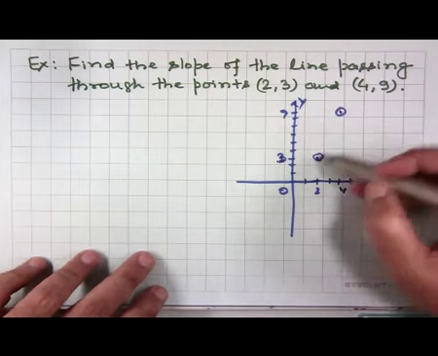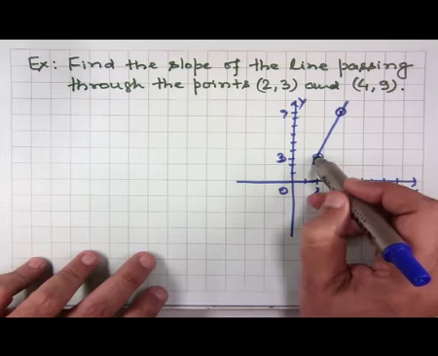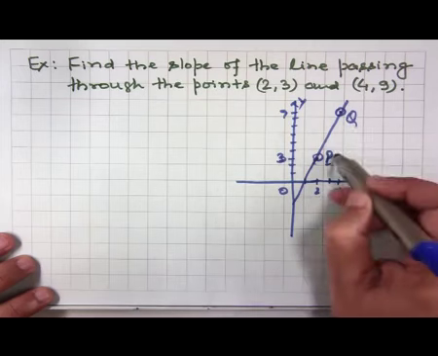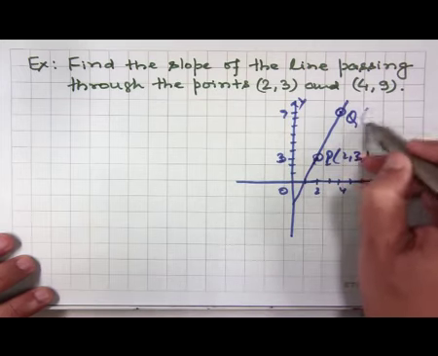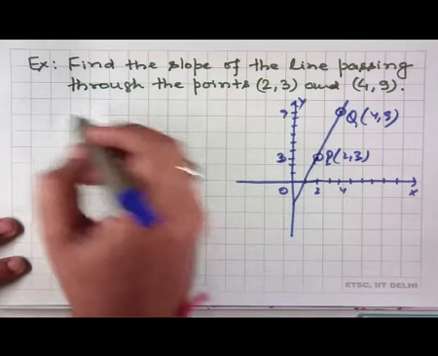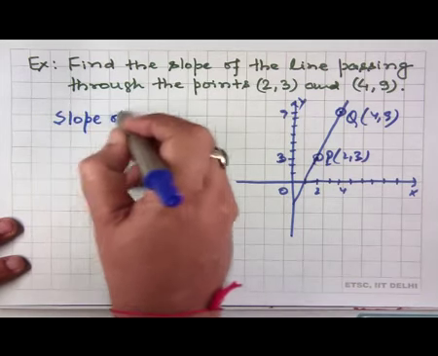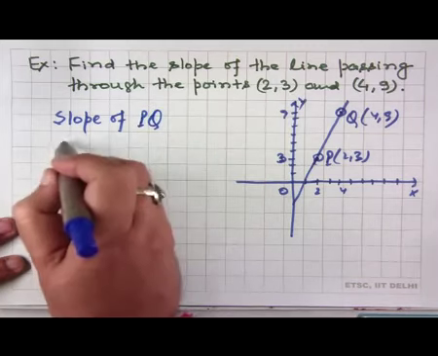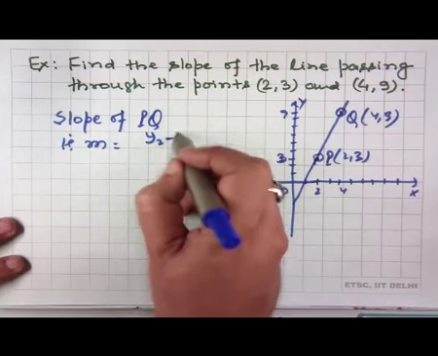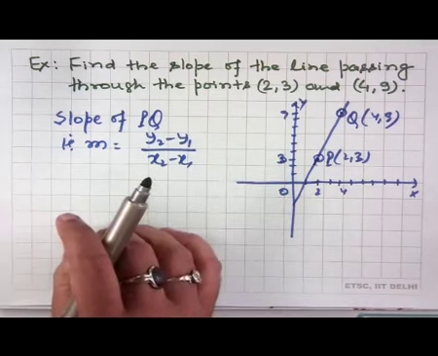So we have to find the slope of this line, that means the slope of PQ, with P (2, 3) and Q (4, 9). Slope of PQ, that is m, is equal to y2 minus y1 by x2 minus x1. We have already discussed this formula.